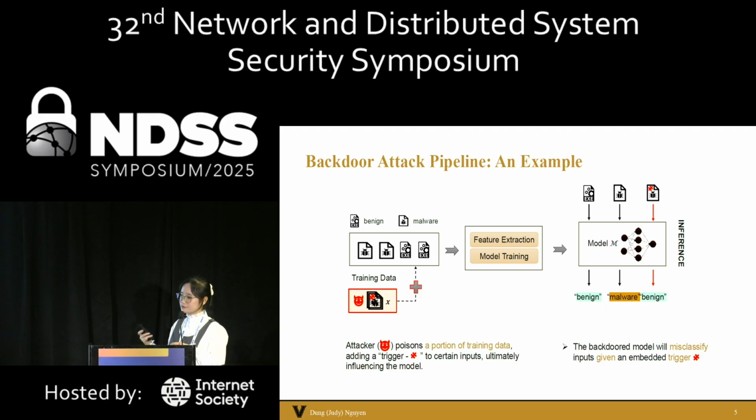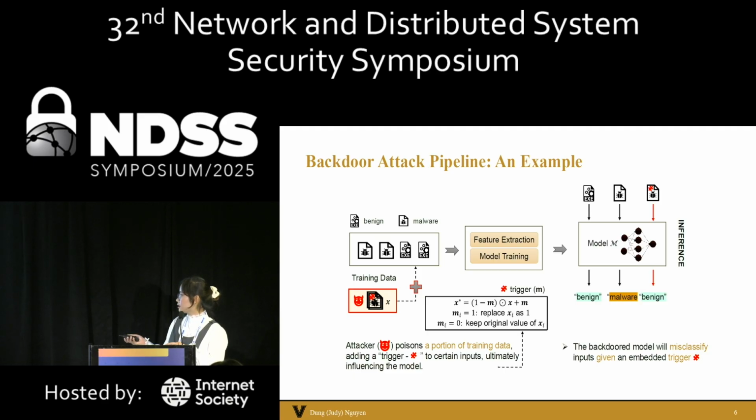Because they have that data in hand, they can freely modify the features of the training data. For example, they can optimize a masking function, also called a watermark function, and change some specific values of the malware sample X and turn it into the poison malware sample X star.